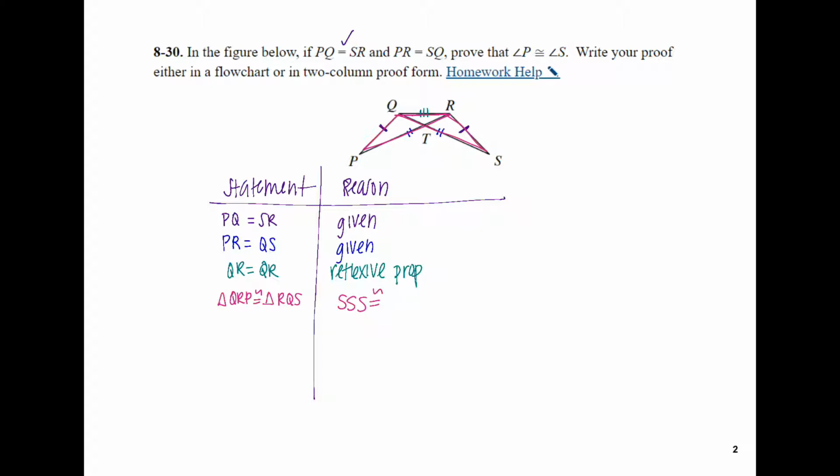We wanted to prove that angle P is congruent to angle S, and we can now do that because we know that if we have congruent triangles, it implies that we have congruent parts. In this specific case, we're talking about angles.